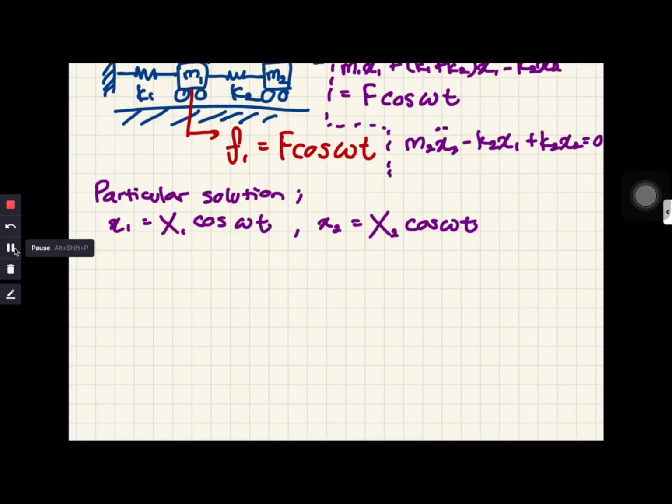With the first degree of freedom we have just one term, but with second degree of freedom we have two terms, right?